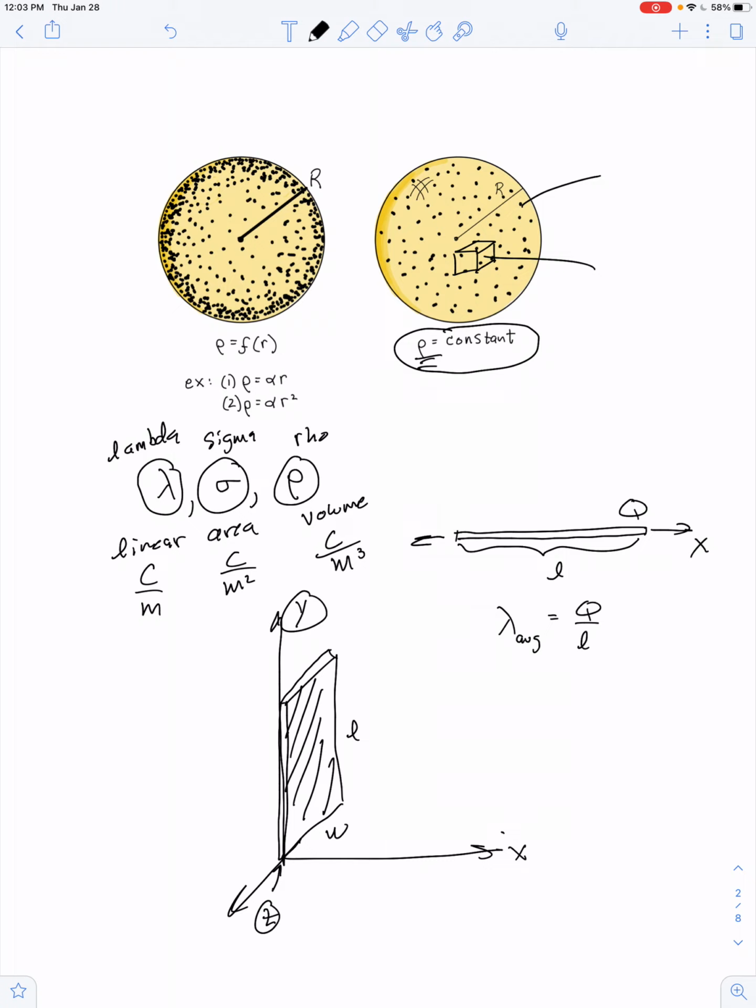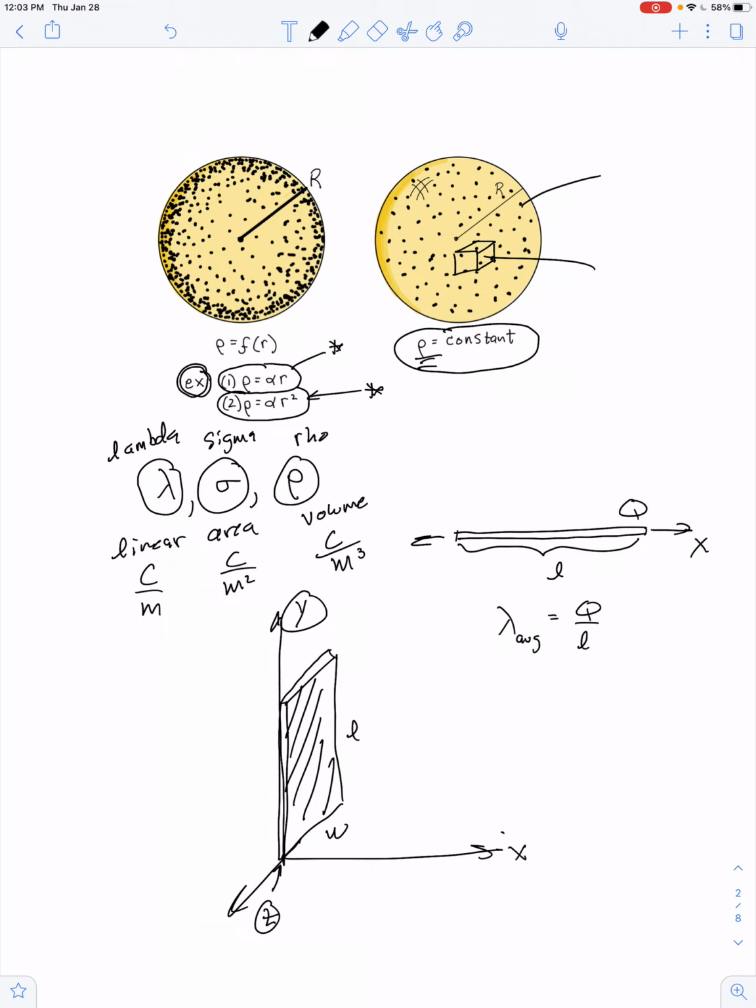But if I didn't mix it really well, or I mixed it in some strange way, it's conceivable I could end up with most of the chocolate chips on the outer perimeter of the dough, and I don't find as many on the interior. So that could be described by saying that the density itself is a function of the radius. Now, whether the density is proportional to r to the first power or r to the second power, that just depends on the given example we want to choose.